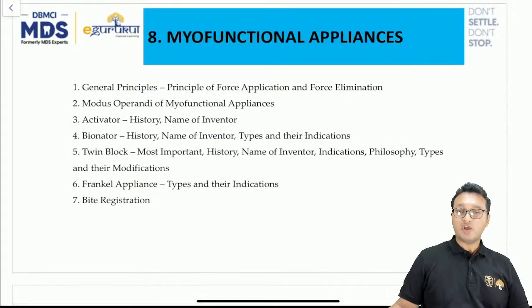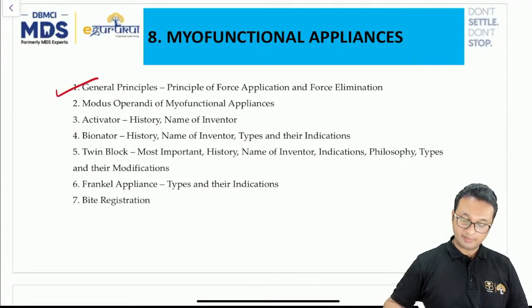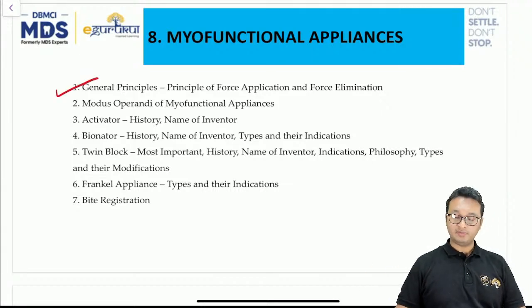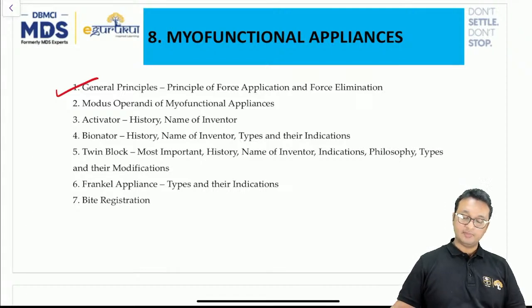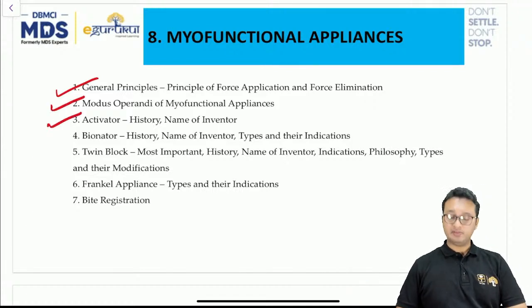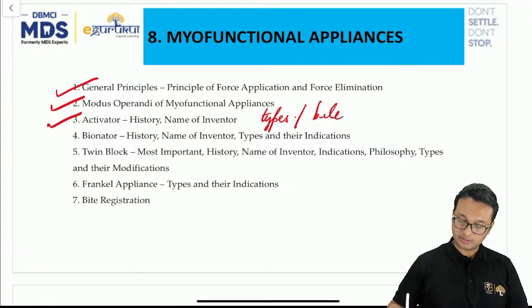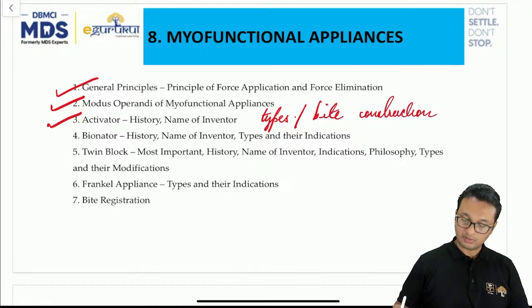Next topic is myofunctional appliances. In this you have to remember the general principles, the modus operandi of different myofunctional appliances, principles of force application and elimination, then a little bit about history, name of the inventor, activator, types of activator, then the bite construction or bite registration, what you call.